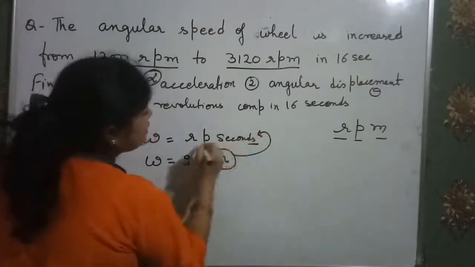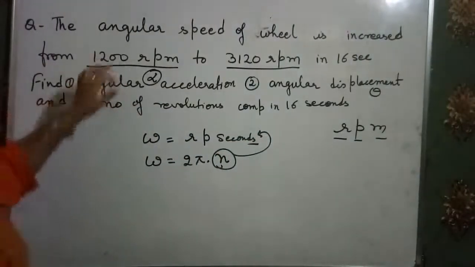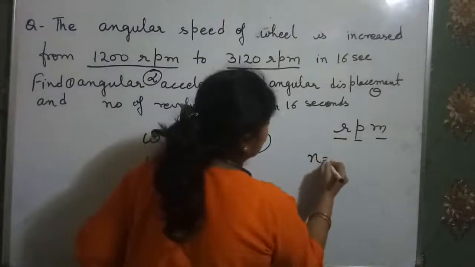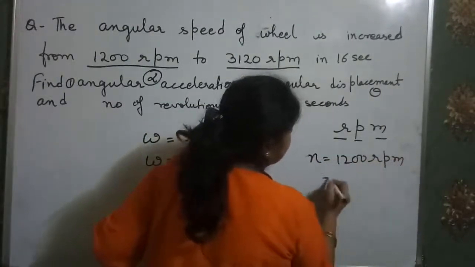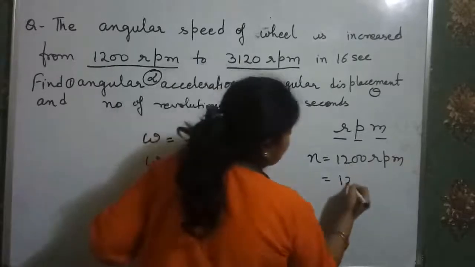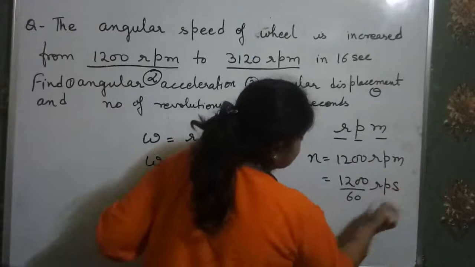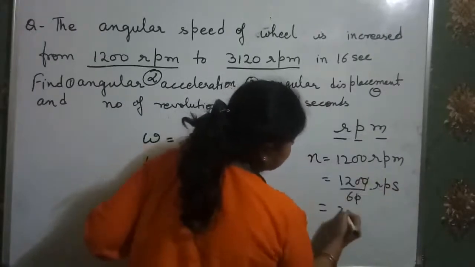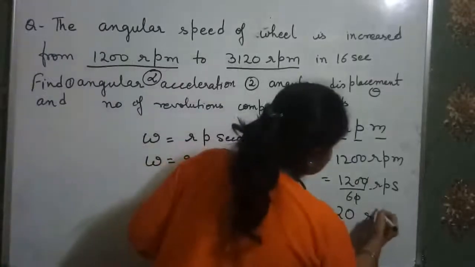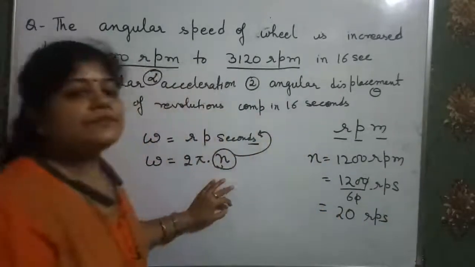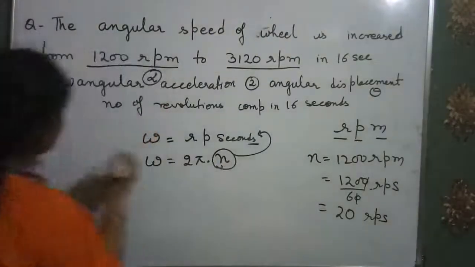Revolutions per second. So here 1200 rpm means n is 1200 rpm. So convert it into seconds. We have 1200 by 60 rps. So we have 20 rps. Clear?